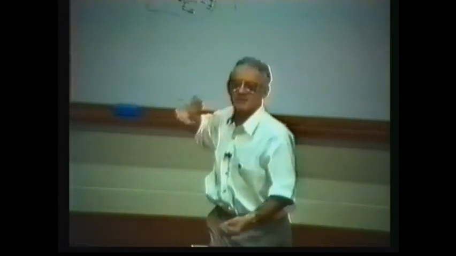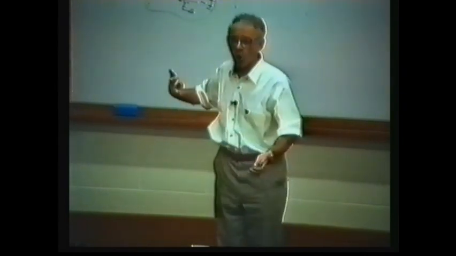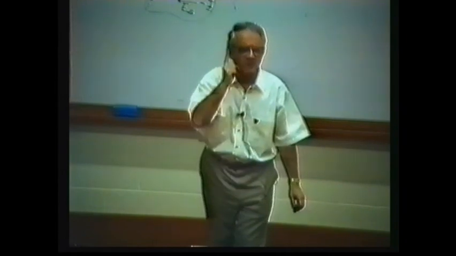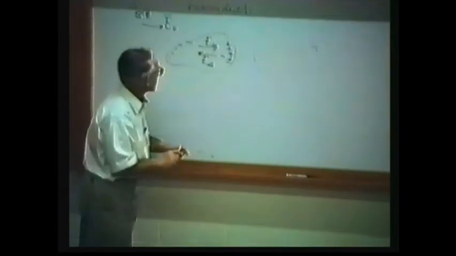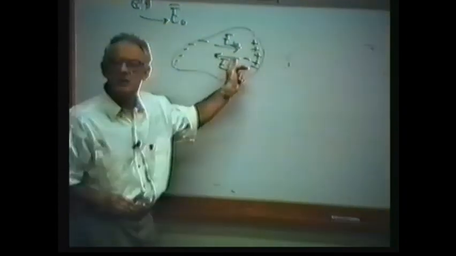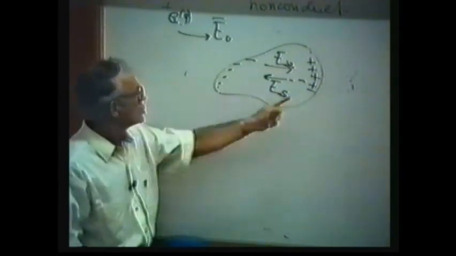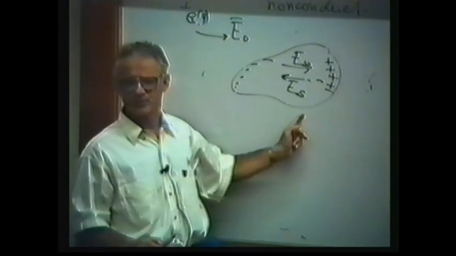In effect, I speak about the transient method, but not in the content of this lecture. So, one thing we do know. Finally, the electrical field inside will be equal to zero. And it happens due to surface charges.